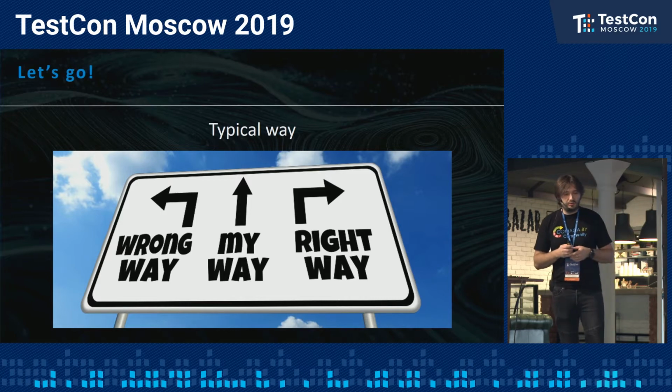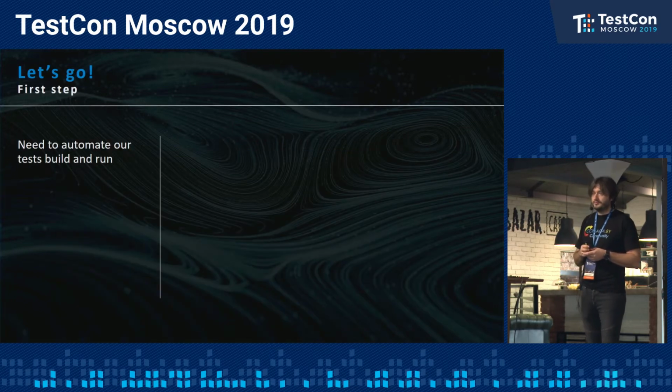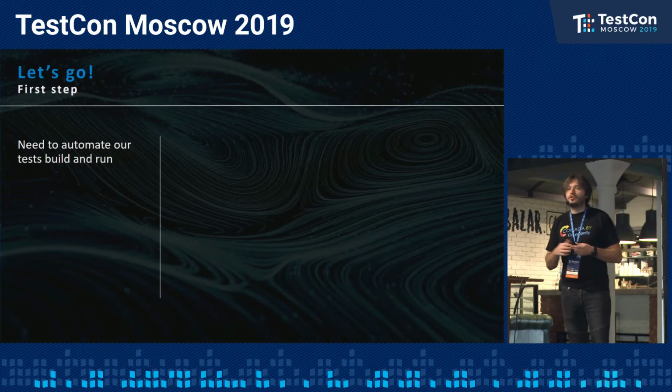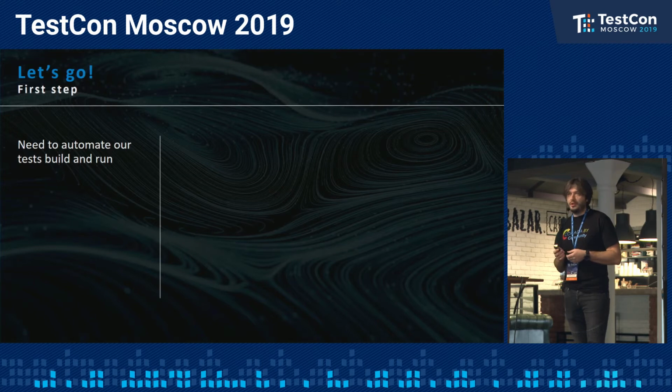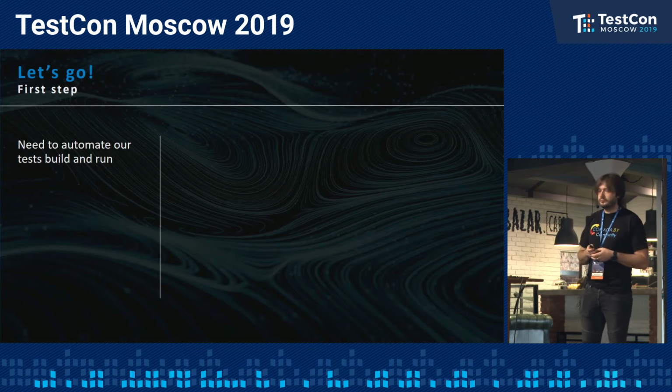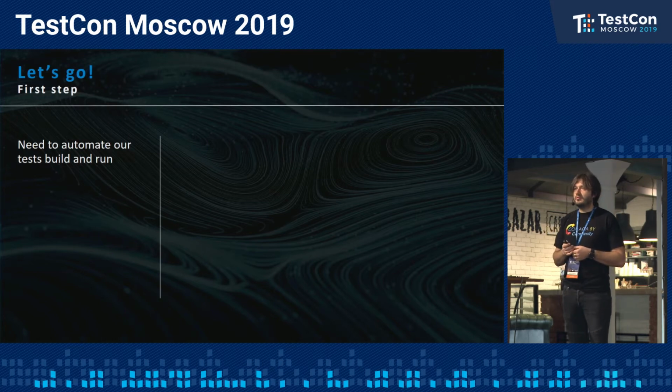For example, we need continuous integration, automatic tests. The first thing to do is to automate build and run. Okay, so what kind of hints can you suggest?